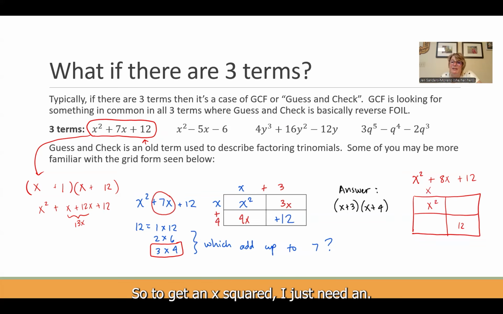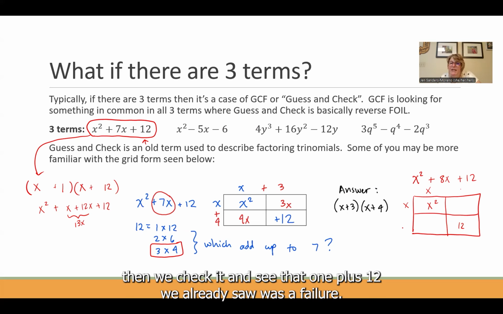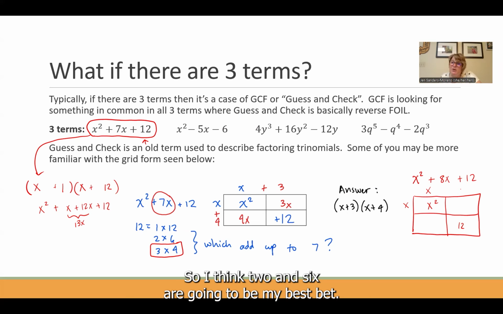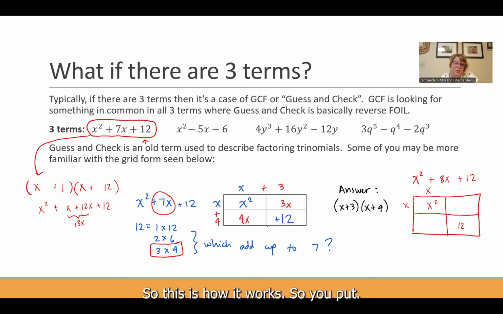So to get an x squared, I just need an x and an x. So that's what's going on the outside. Now 12, we've got our list. 1 times 12. So if I put a 1 here and a 12 here, then we check it and see that 1 plus 12 we already saw was a failure. That was 13. So I think 2 and 6 are going to be my best bet. So this is how it works. So you put 2 on one side and 6 on the other.